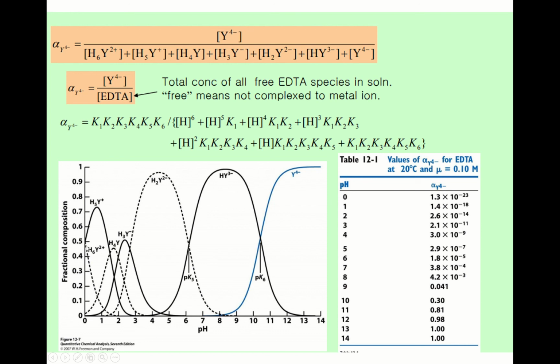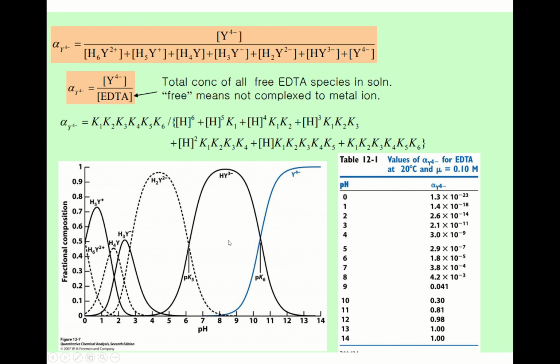Its portion is like that, and as pH increases, the H5Y plus species increases and then decreases rapidly, and then H4Y, and then H3Y minus, and like that. Especially, we are interested in the fractional composition of Y4 minus here. At high pH, mostly the EDTA exists in this form, but as pH decreases, this one decreases rapidly. But that doesn't matter actually.